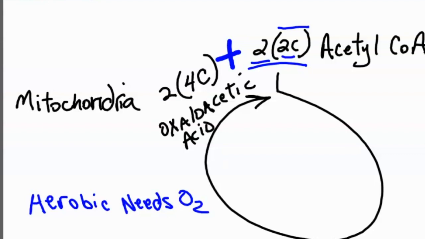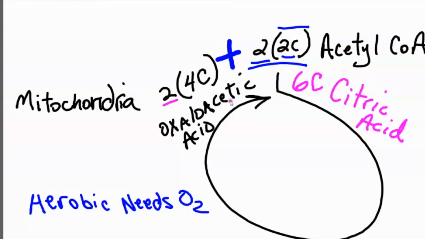So we are going to make, in this step, a 6-carbon molecule. That is called citric acid. Anybody want to take a wild guess how many of those we're going to make? 2. Because we had 2 acetyl-CoAs. Each acetyl-CoA is going to join an oxalo, and from each of those we're going to produce a citric acid.